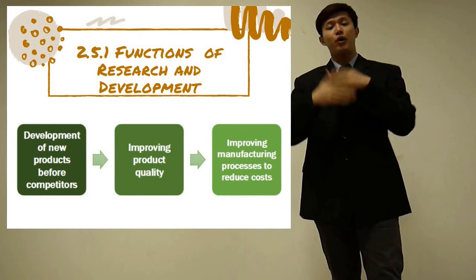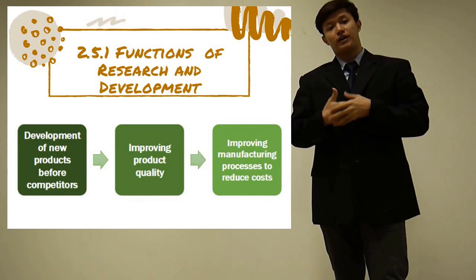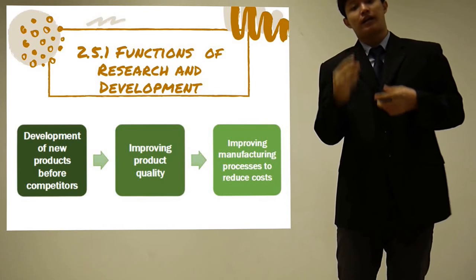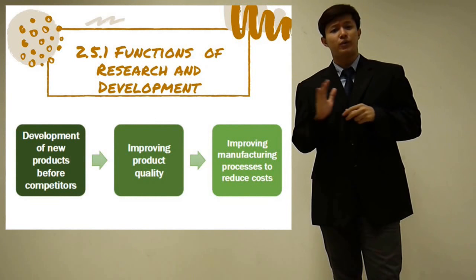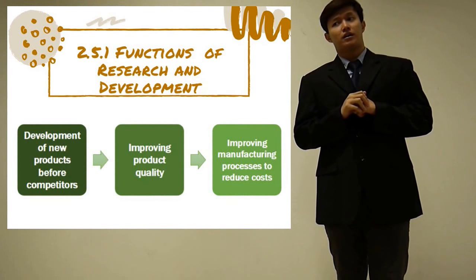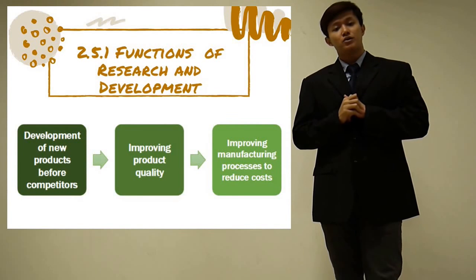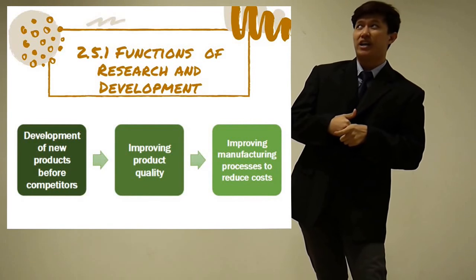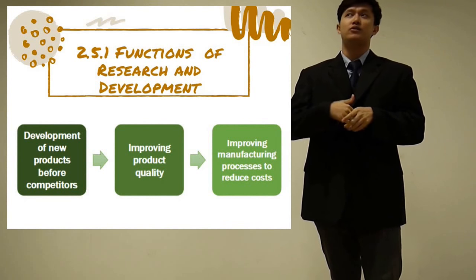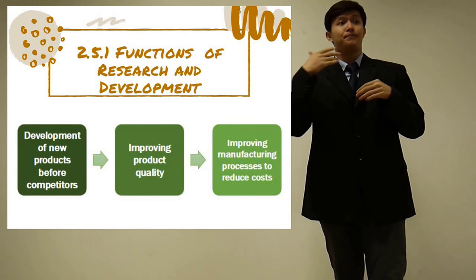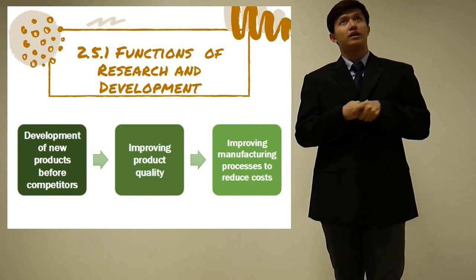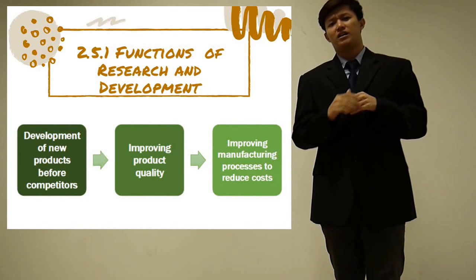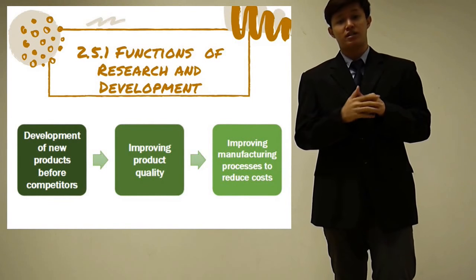So I will explain more further into this tree of function. Developing a new product before competitors. I give you an example, an easy one: the iPhone. They produced the iPhone X before the Samsung 8, I think, so that they will beat their competitor, the rival, which is Samsung.